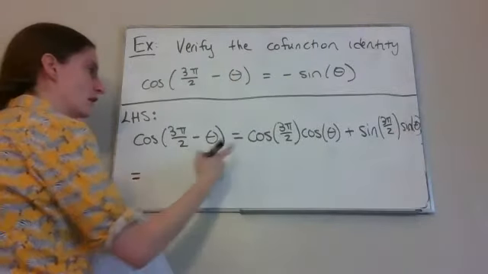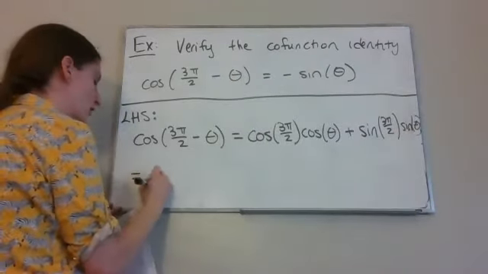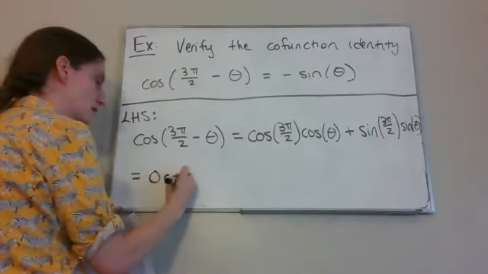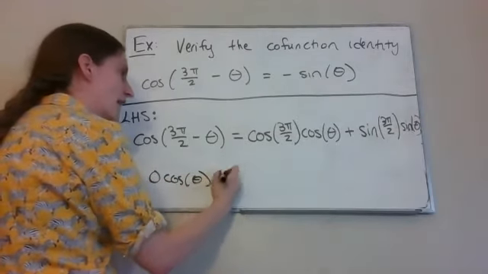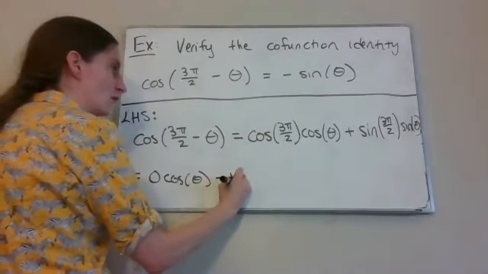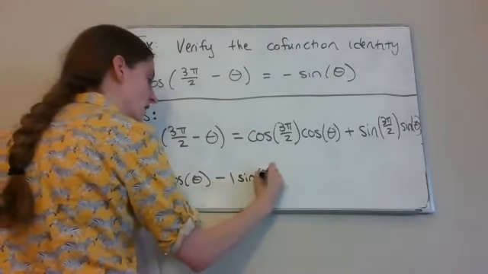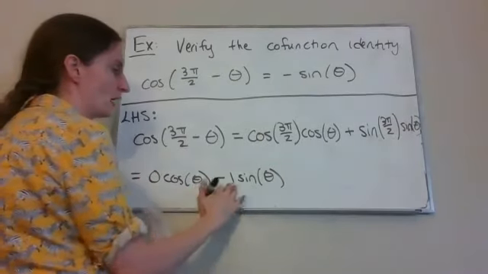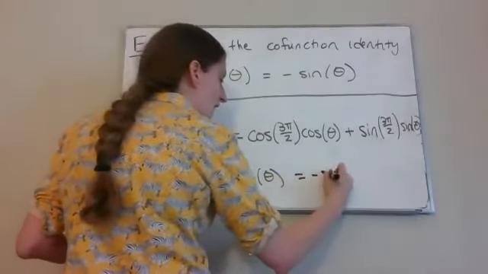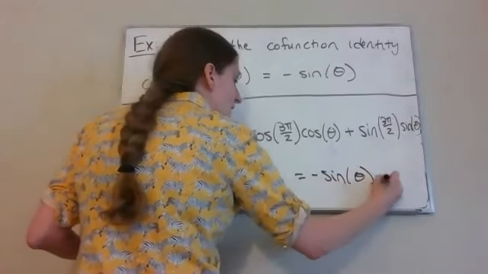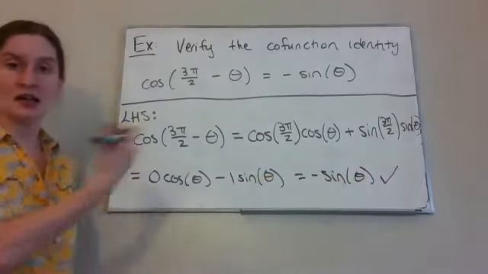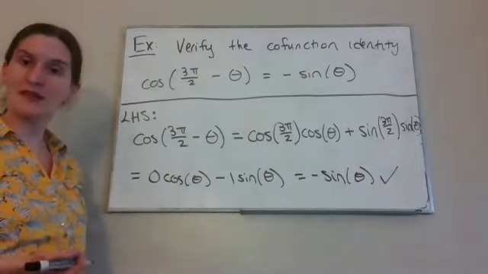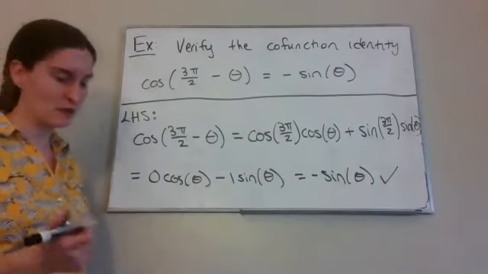Now, using my unit circle, cosine of 3 pi over 2 is 0. And sine of 3 pi over 2 is negative 1. So 0 times cosine theta is 0. Negative 1 times sine theta is negative sine of theta, verifying the identity. I got the right-hand side just by using the sum or difference formula on my left-hand side.